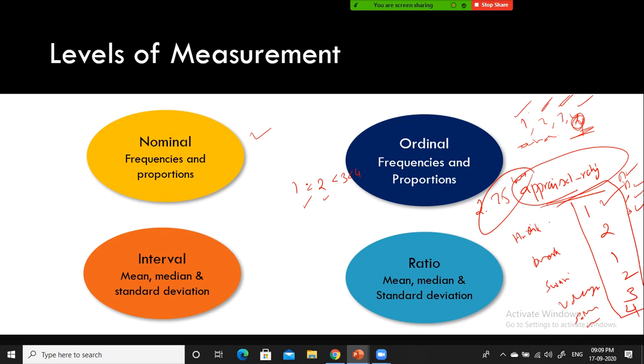Sorry, 1 is not less than 2, 1 is greater than 2, 2 is greater than 3, and 3 is greater than 4. Here the rank comes into the picture. When it comes to an ordinal type of variable, the value is stored intrinsically with some rank or order. That is why we call it an ordinal type of variable.